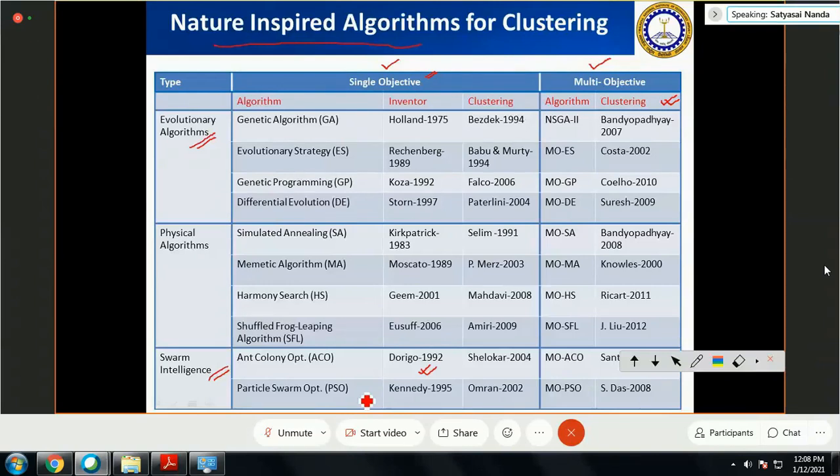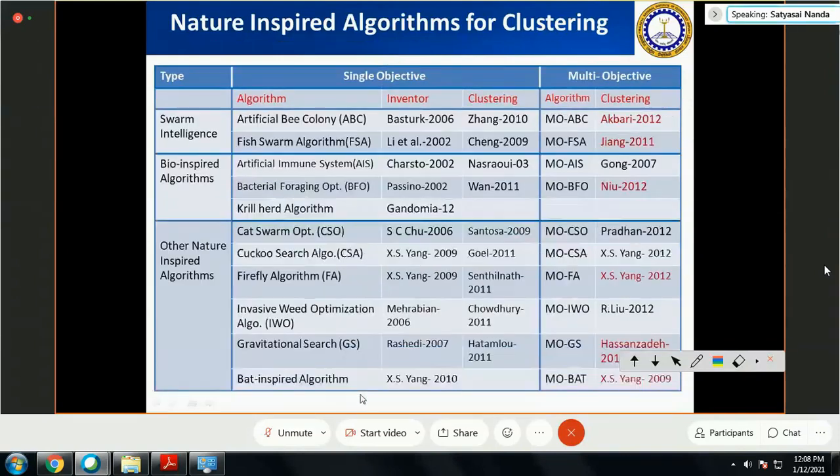Many other recently developed algorithms have also been reported, like gray wolf optimization and whale optimization. And there are bio-inspired algorithms also developed over time, like artificial immune system and bacterial foraging optimization.